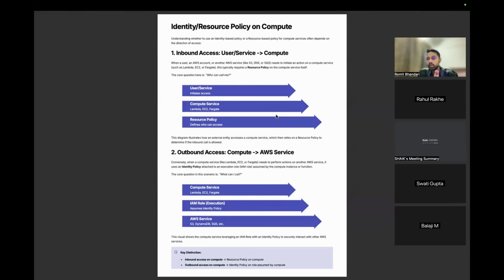Outbound access: now compute is trying to access another service. Let's say your Lambda is trying to access another service like DynamoDB or any other DB, RDS or S3. In that scenario, you would need the identity policy on that compute, what can I call?